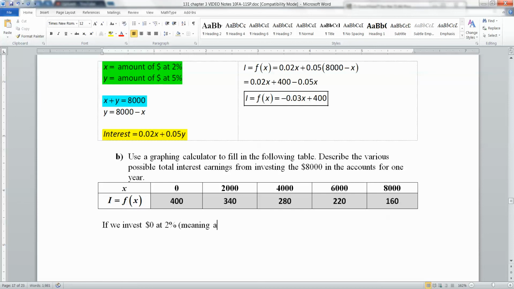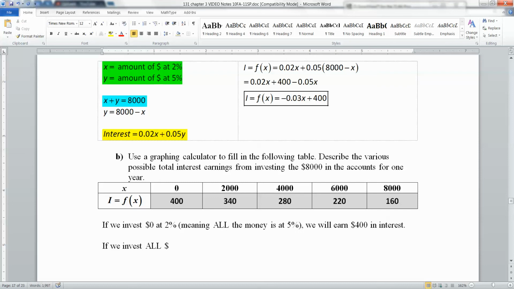meaning all the money is at 5%, we will earn $400 in interest. All right. If we invest all $8,000, right?